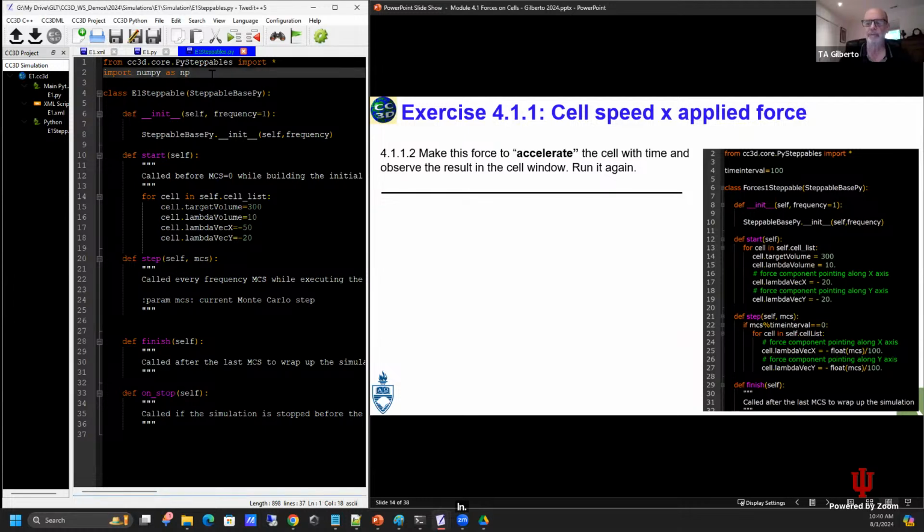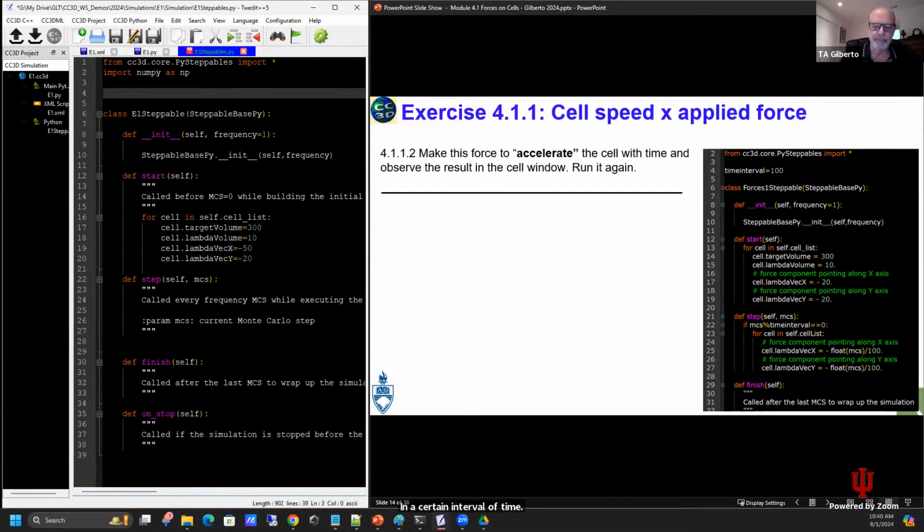So I will define here my time interval, say 100 Monte Carlo steps. Each 100 Monte Carlo steps, the force will change, but we will keep it in the same direction for now.